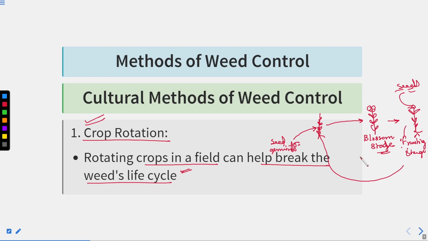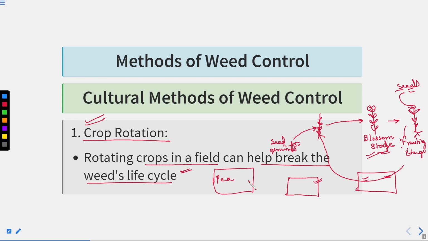So, you know that these weeds are very specific to the crop plant. The weeds that are growing with the gram crop will not grow with the potato crop. They are very crop specific, right? And the one that is growing with the gram crop will not grow with the pea plant.